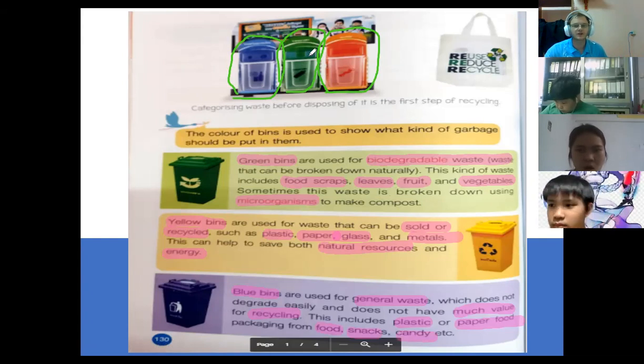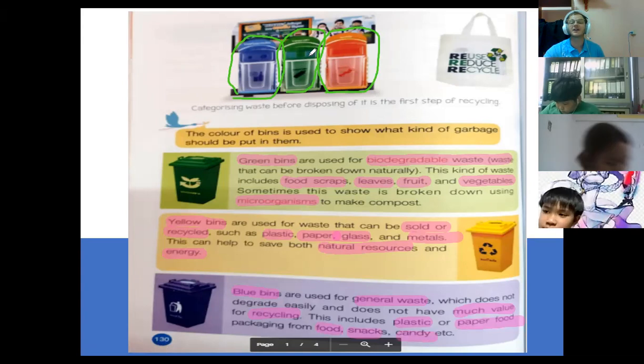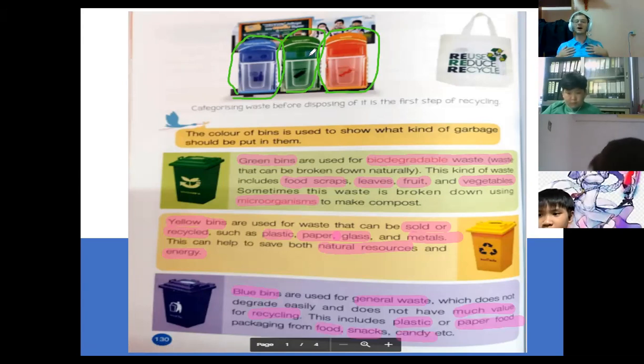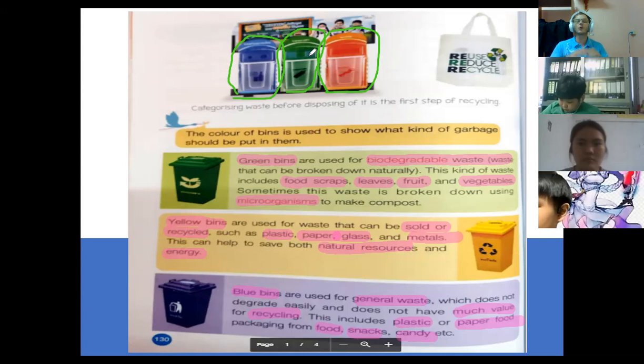It's also important to start looking around where we are, if we can find these bins and use them appropriately, because we want to help in promoting recycling. The best people to help us create a very good environment for recycling are the young ones, the kids and the younger students.